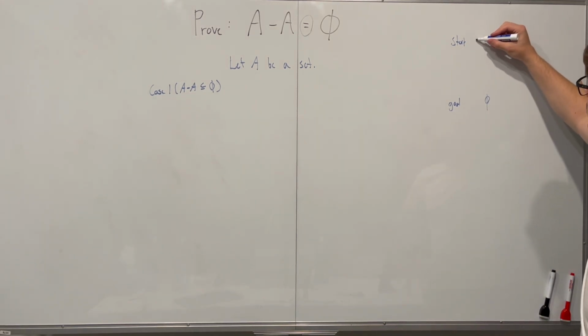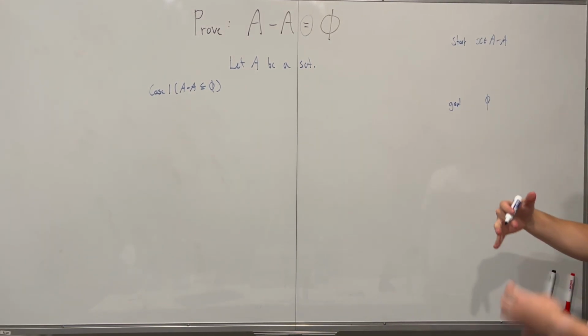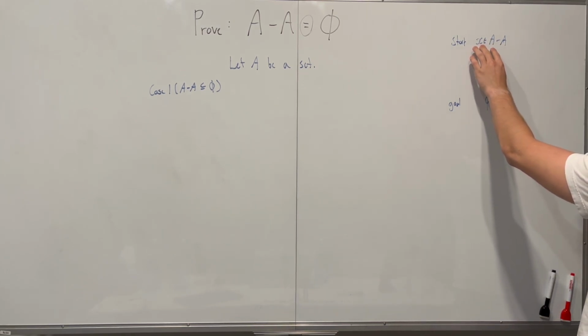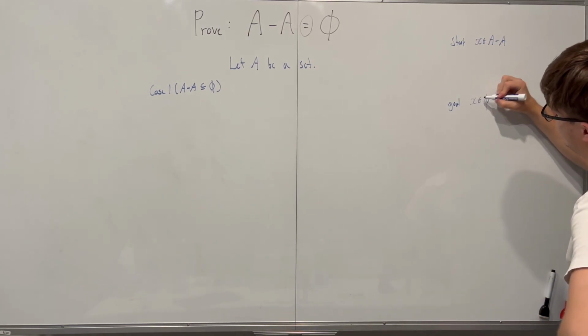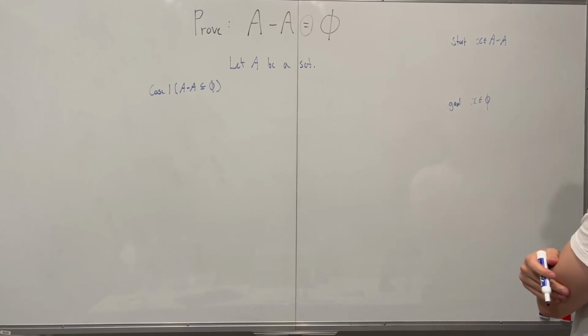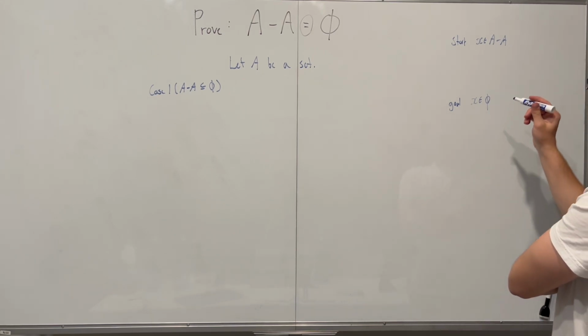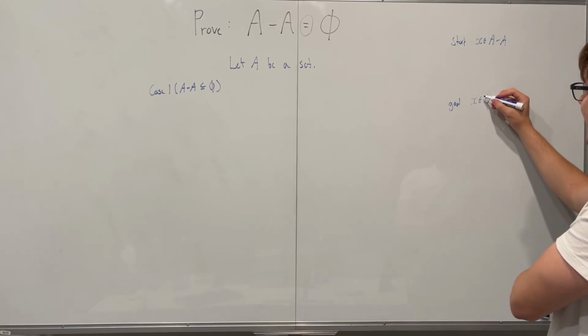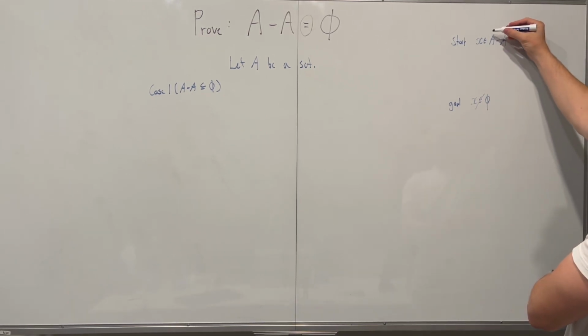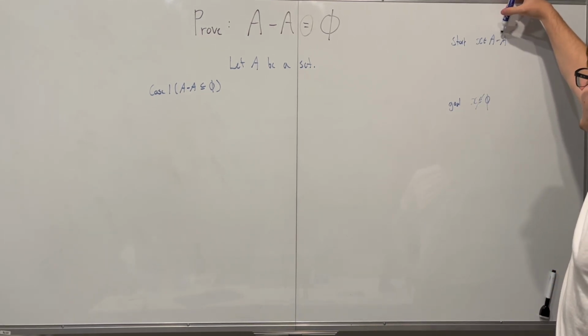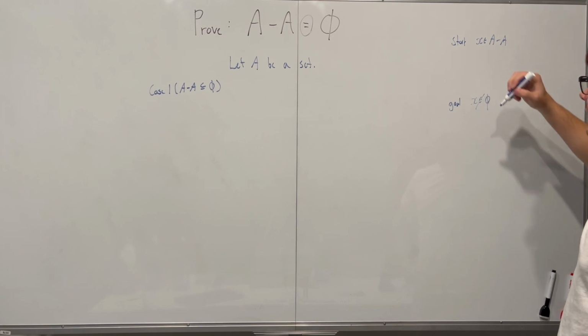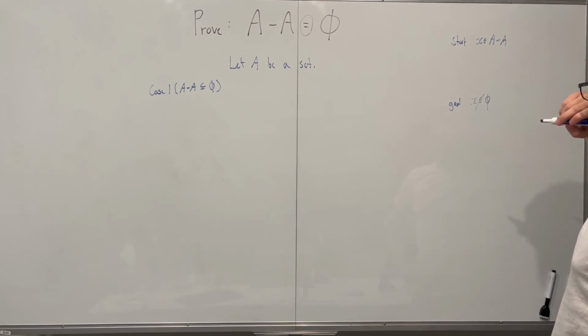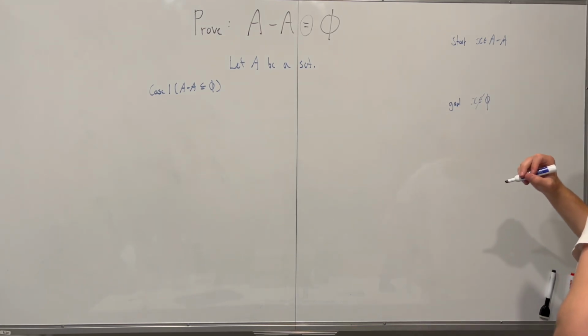Well, first we want to assume that for something to be a subset of something, that means any element here, like x, has to also be an element of our goal, right? But because we're dealing with the empty set, you cannot have any element x in the empty set. So we have to actually get from here and show that if you have any element here, you cannot have that element be in the empty set. So this probably is going to be a contradiction. But let's go ahead and see.